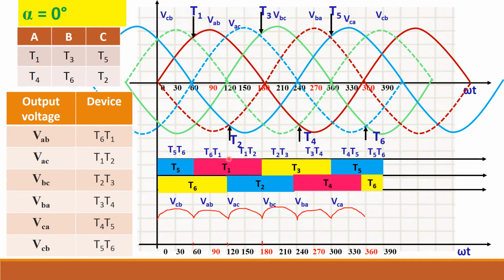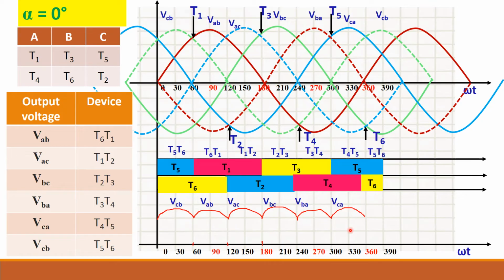So this is the VAB waveform. Then for the second combination T1 and T2, your output should be VAC, so follow the VAC waveform. Then for the next combination the output is VBC, which is your VBC waveform in green color. So follow that waveform. Again follow this pattern, you will get this as the output.